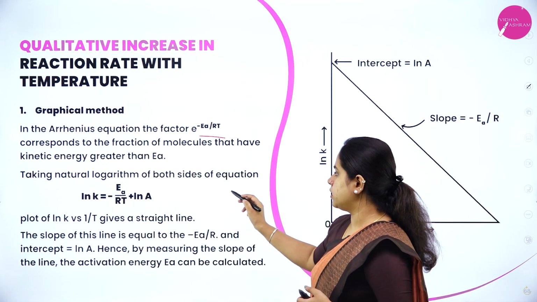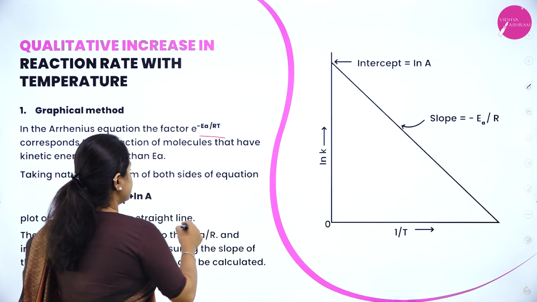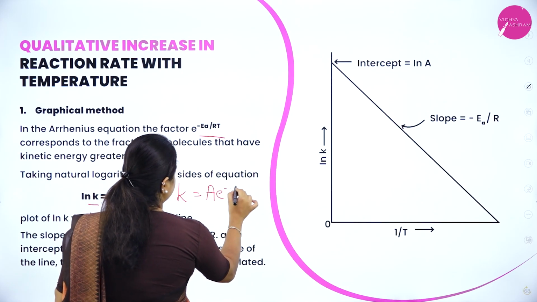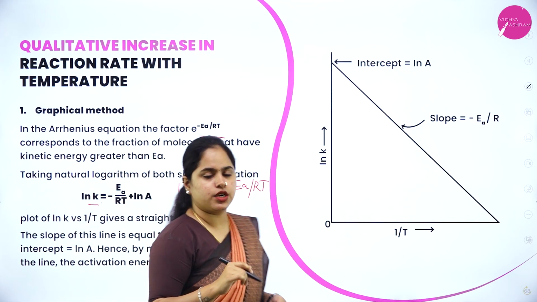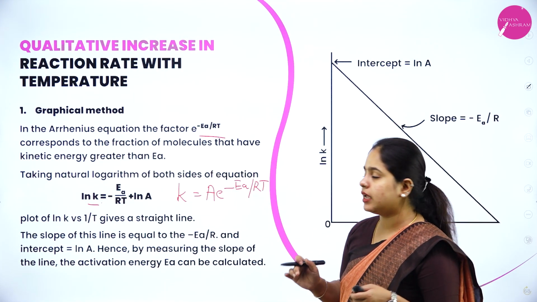Taking natural logarithm on both sides of the equation, we'll get this. What was the Arrhenius equation? It is k equal to A into e raised to minus Ea by RT. Now we are taking ln on both sides.